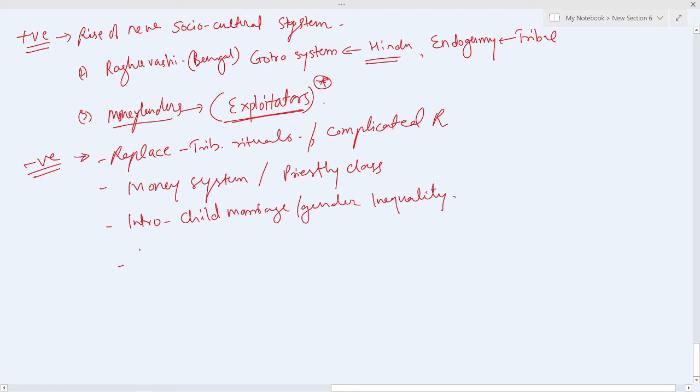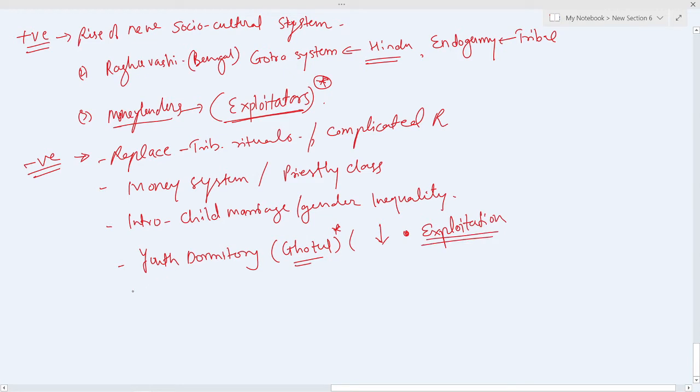Then the youth dormitory, for example Ghotul, or Yo and Ban, these are certain dormitories. They basically started declining, and outsiders used them for exploitation, particularly sexual exploitation.